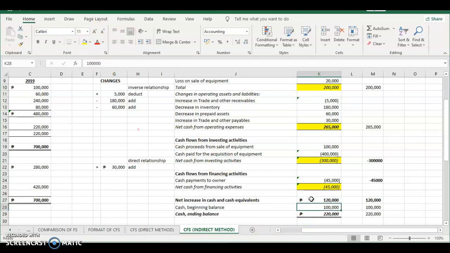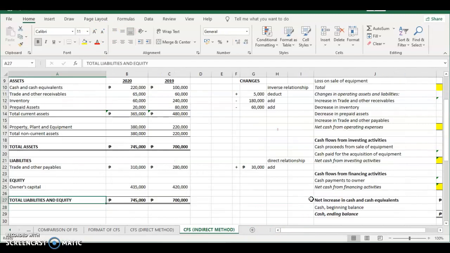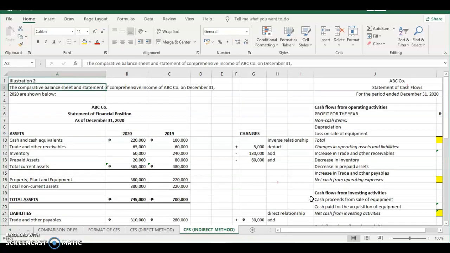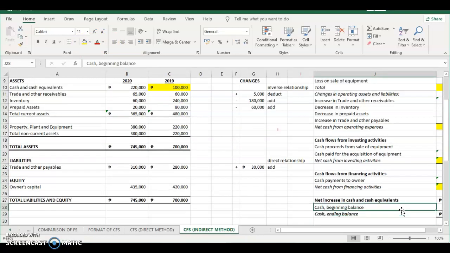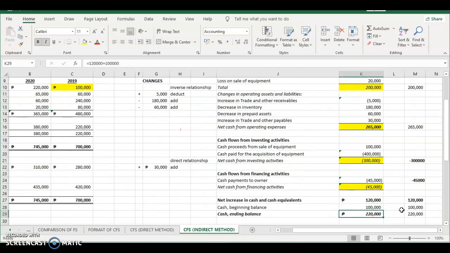And of course, sabi, there is a cash beginning of 100,000. This is the cash beginning natin, 100,000. So, sinama natin si 100,000 here. So, ang total niya is 220,000. So, si 220,000, dapat equal yan kay SFP, sa cash ni SFP.